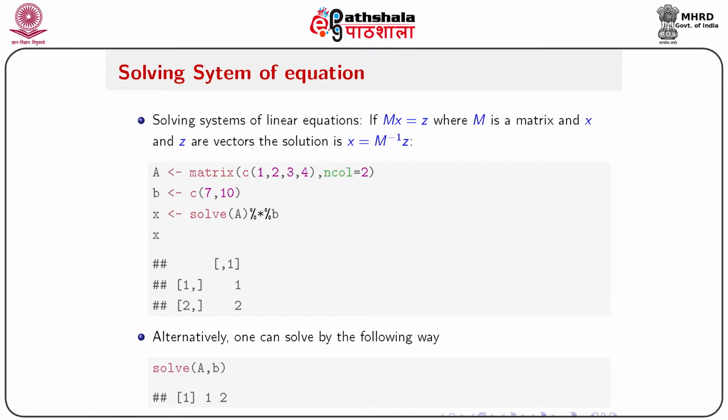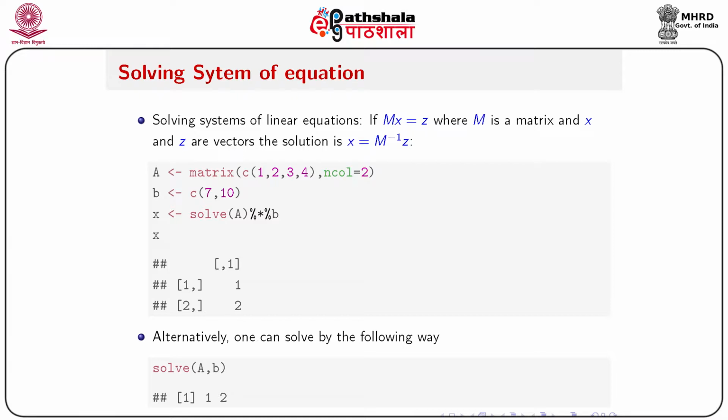Say Mx equals z is a linear equation, and we have to solve for x. M is a matrix, and x and z are vectors. The solution of x should be M inverse z. The inverse of M should definitely exist, which means the determinant of M should not be 0.